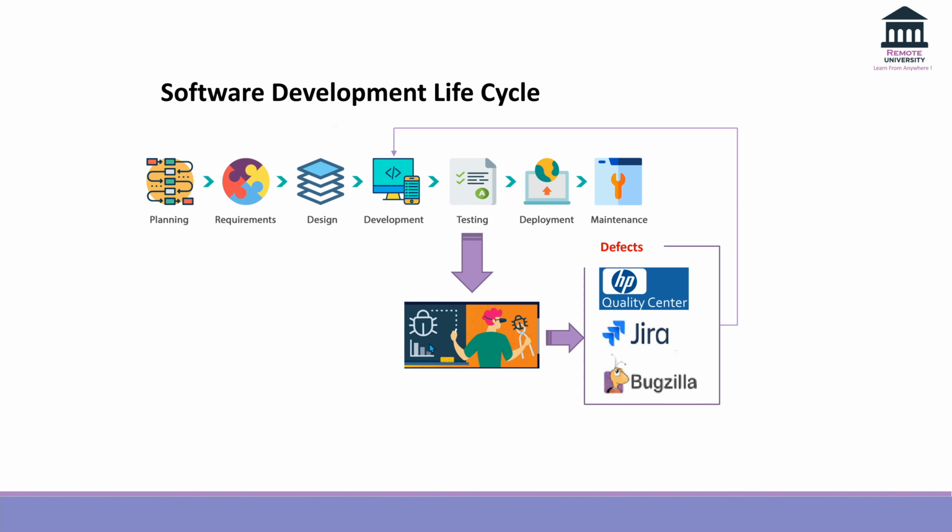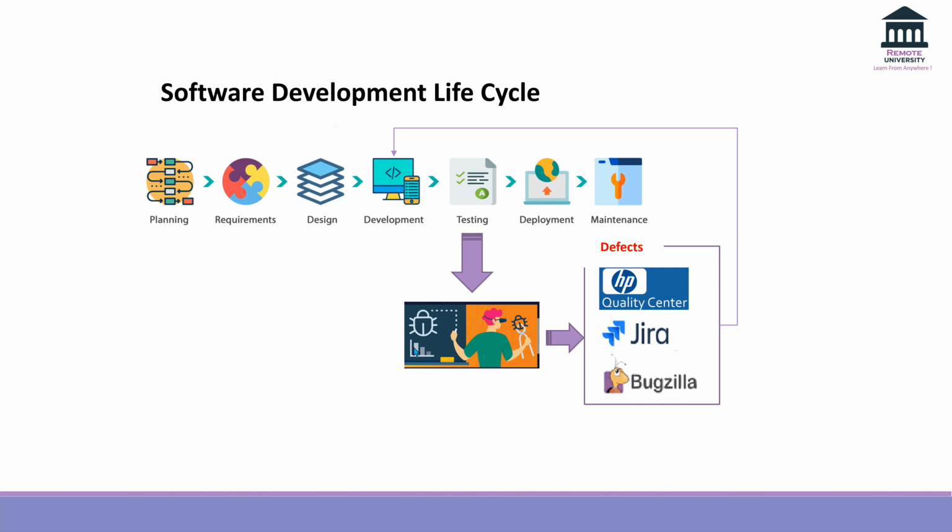Those defects are sometimes named bugs within the software that is being produced, the piece of code that is being written to do some activity of the application or the product. Then we will log the defects as a testing resource.